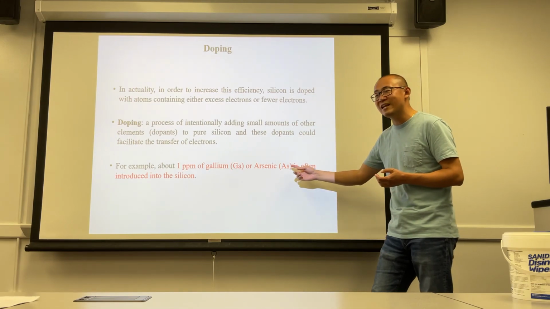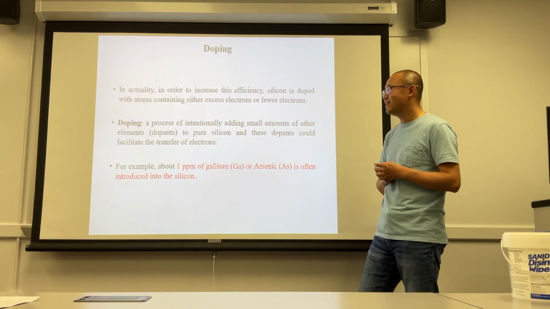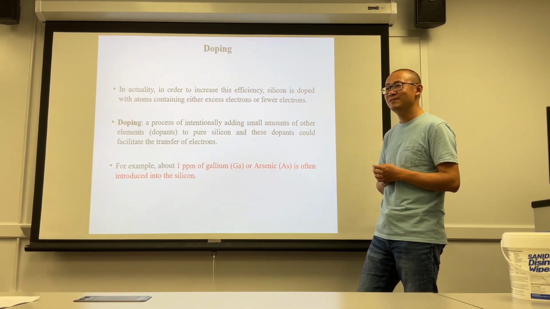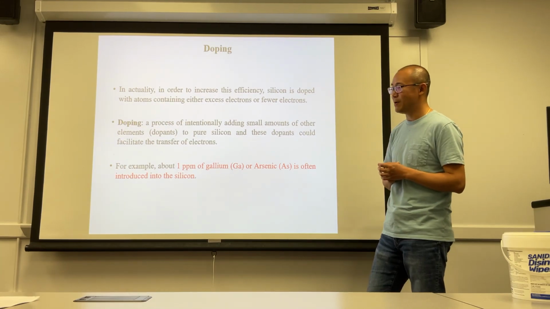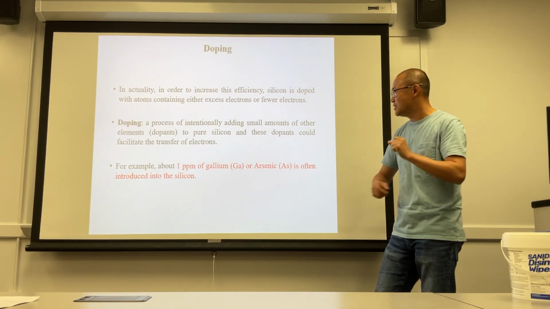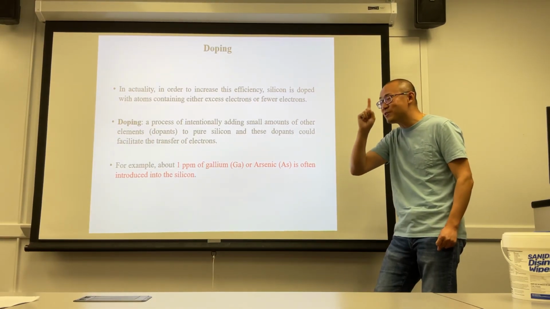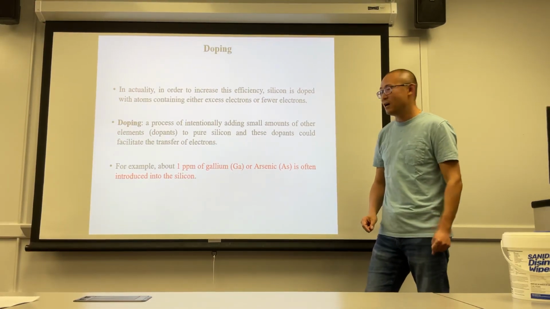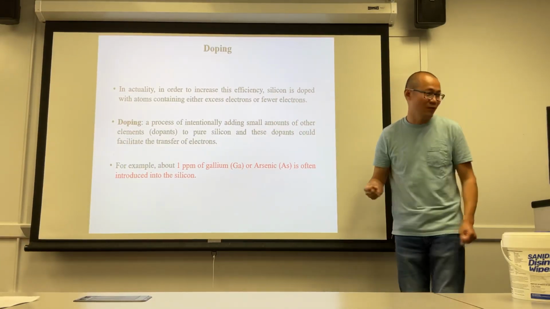Arsenic is in which group? 15. How many valence electrons? 5. So think about it: silicon has 4 electrons, arsenic has 5. That means arsenic has 1 extra electron than what? Than silicon. Gallium has what? 1 less electron than silicon. So this is what happens.